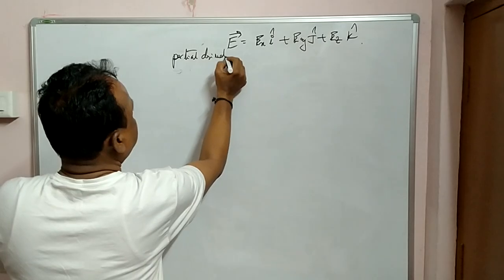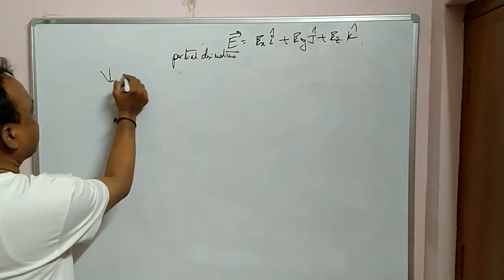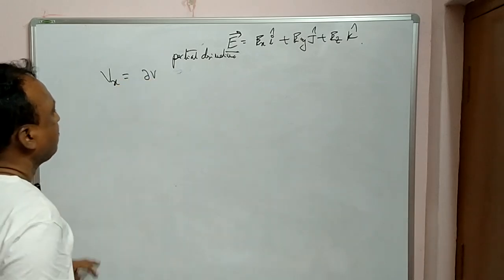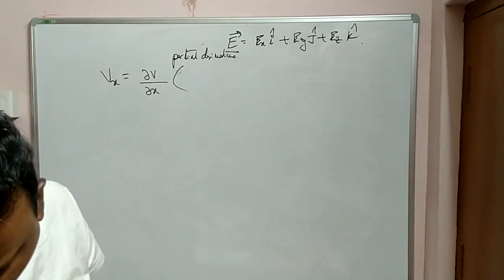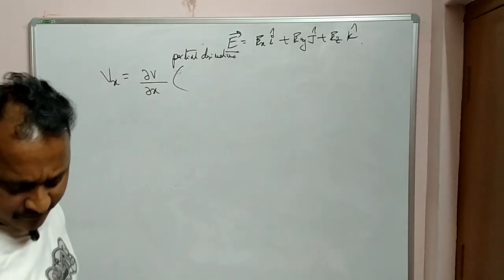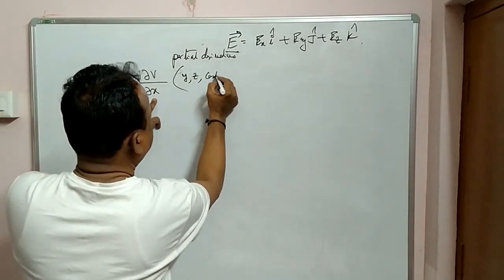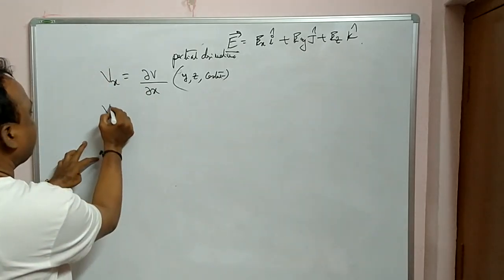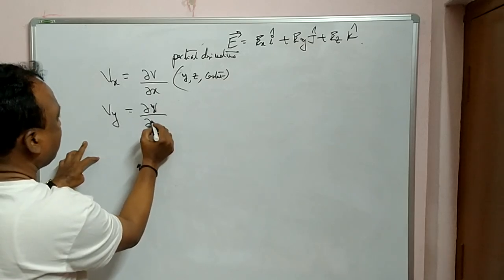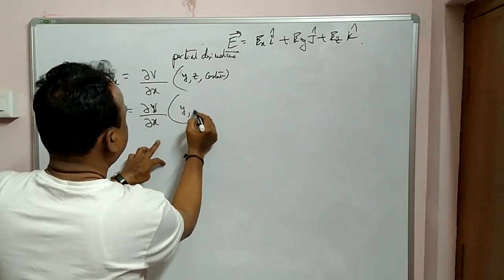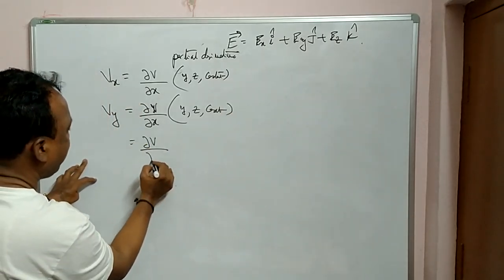And how to get it in the x direction? That is dou V by dou x. When doing dou V by dou x, here y and z must be kept as constants in the equation. Similarly in the y direction, y, z constants, and next dou V by dou z.